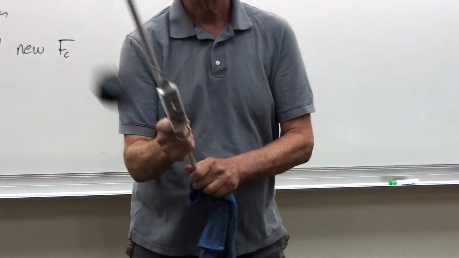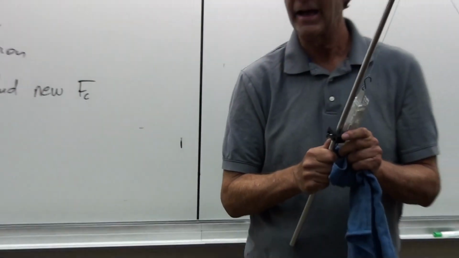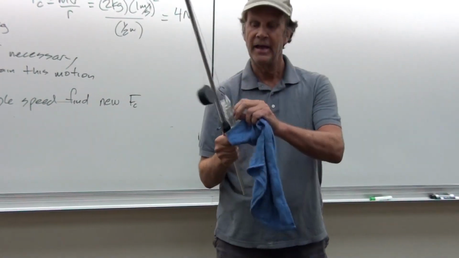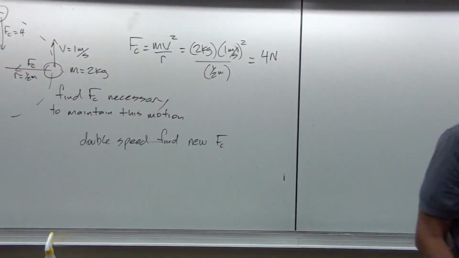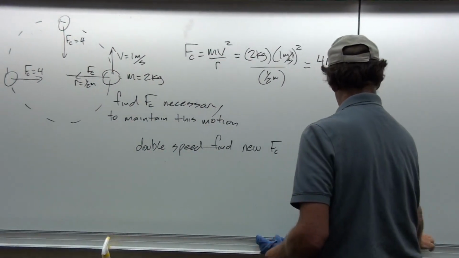Now I've doubled the speed, but I can tell how much harder I have to hold on to this thing, and that scale is going to have moved proportionately more. It's not just going to double.